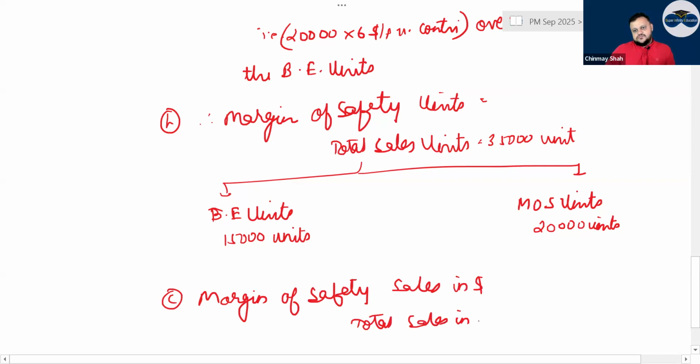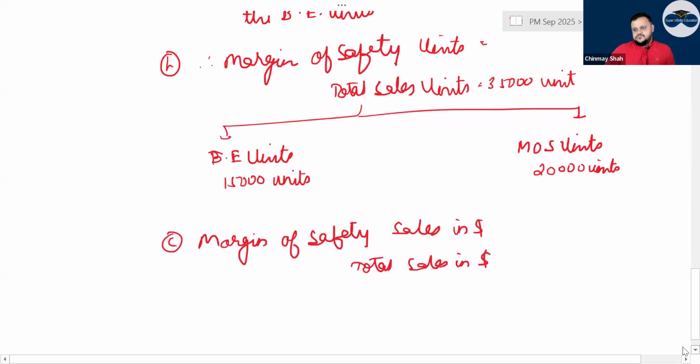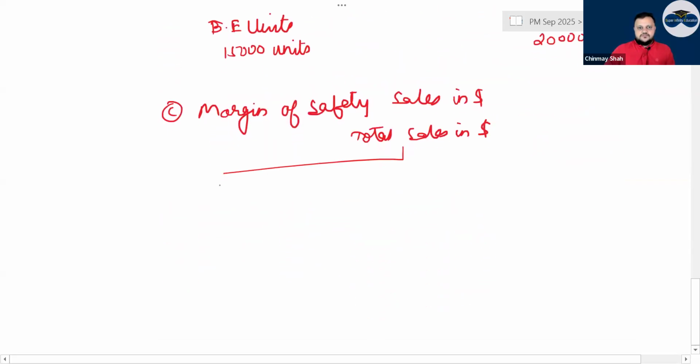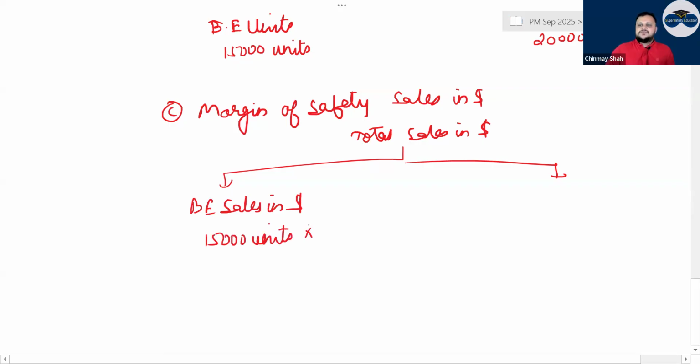Break-even sales in dollars are how much? 15,000 units into the selling price of $10 is $150,000.